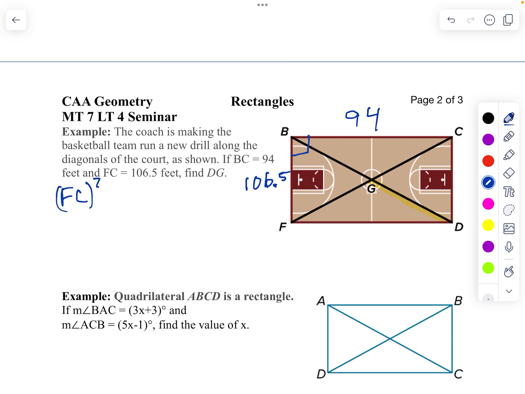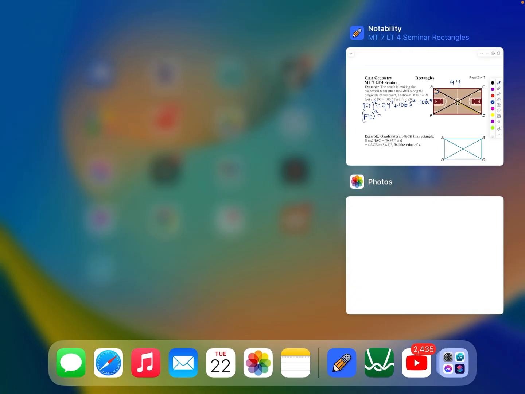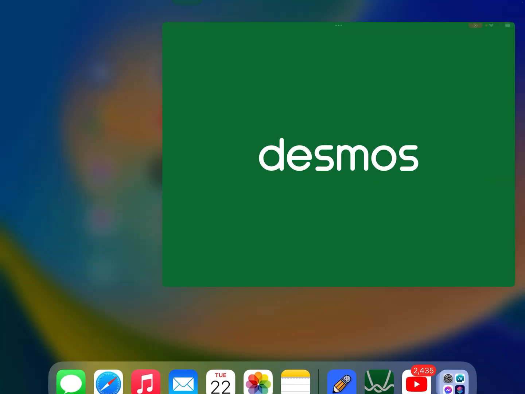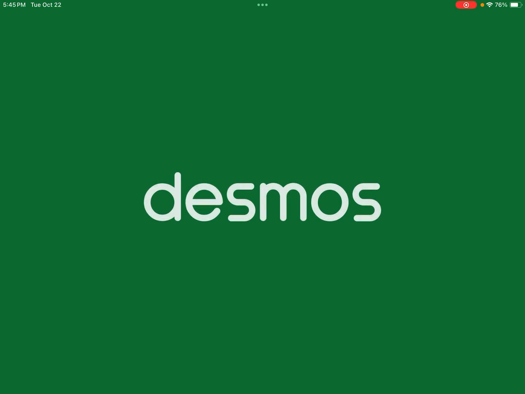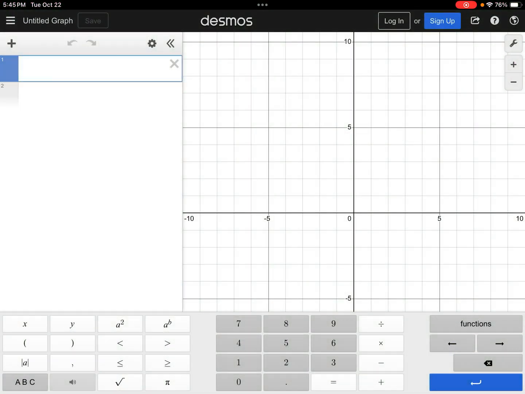squared, equals 94 squared plus 106.5 squared. So in other words, let's use our calculator to take 94 squared. Using kind of overkill with the Desmos calculator here.